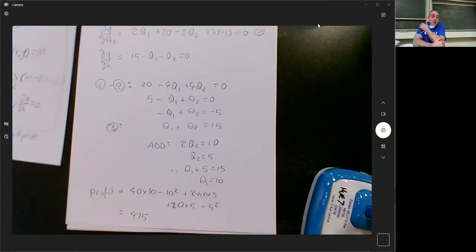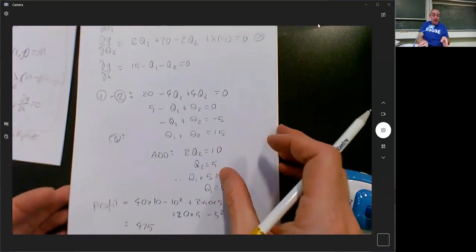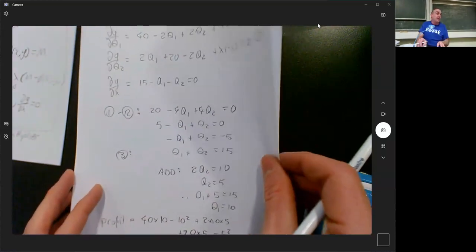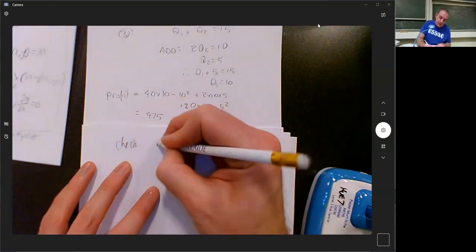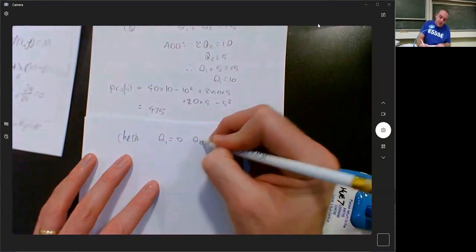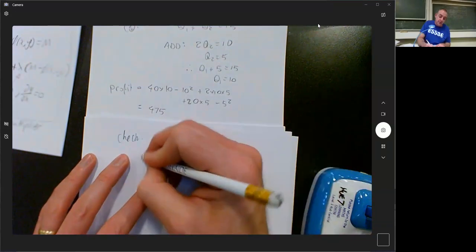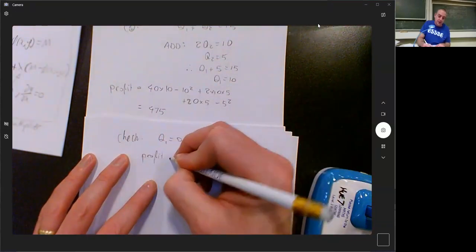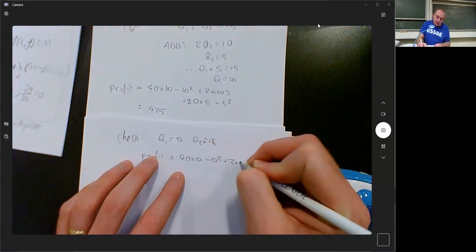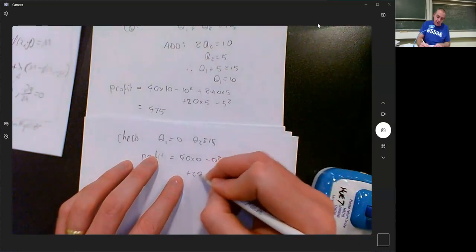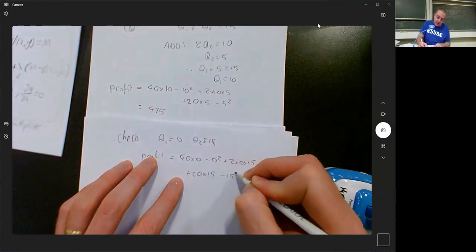We really don't know if that's a maximum or a minimum. And so you could pick a different value of Q1 and Q2 that adds up to 15 to see what that works out to be. Because if it's lower, then that would make this definitely a maximum. So just to check, if Q1 is 0 and Q2 is 15, the profit comes out to 40 times 0 minus 0 squared plus 2 times 0 times 15 plus 20 times 15 minus 15 squared.